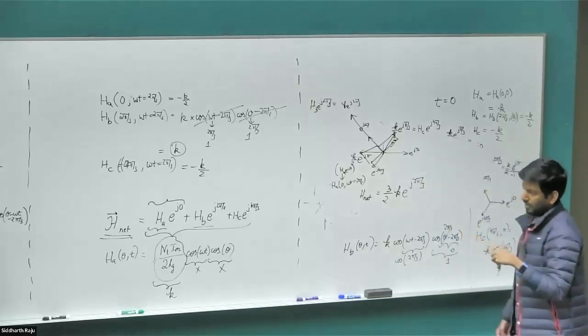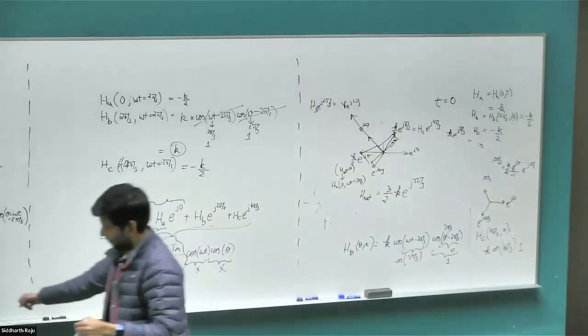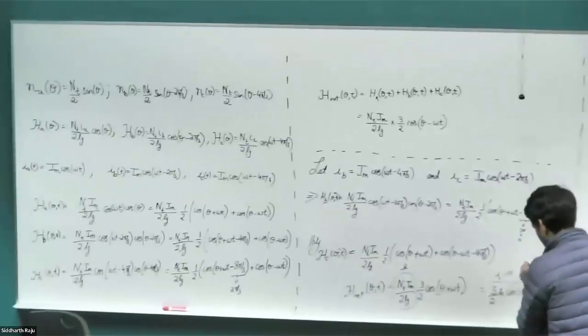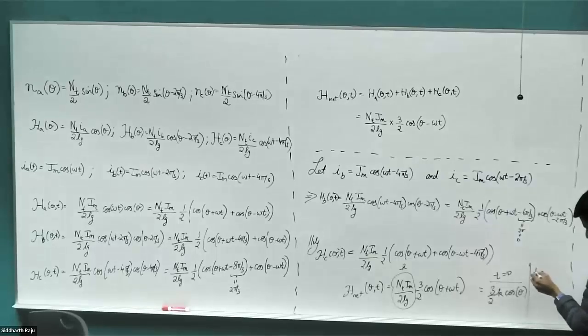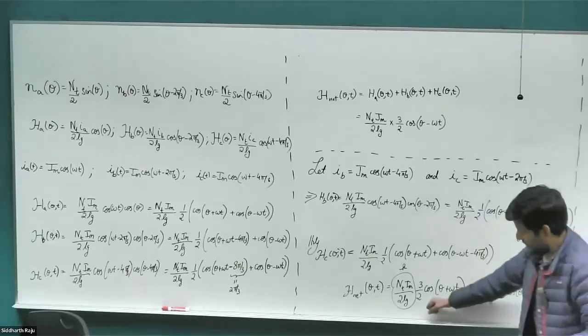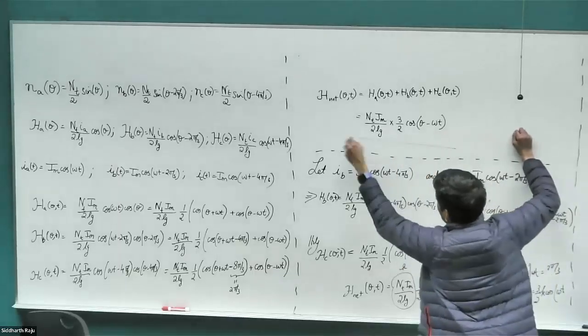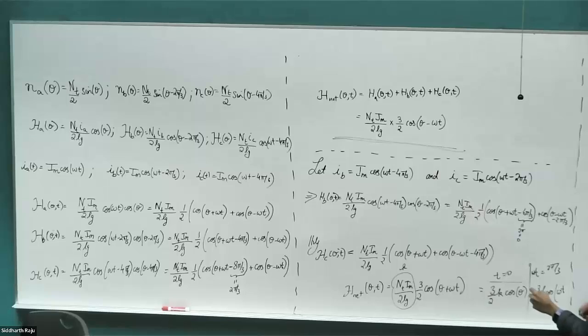Now let's go back to our H net expression here, at time omega t equal to 2 pi by 3. What will the expression come out to? It will be 3 by 2 K times cos of omega t, sorry, I'm doing it for this case, theta minus 2 pi by 3.